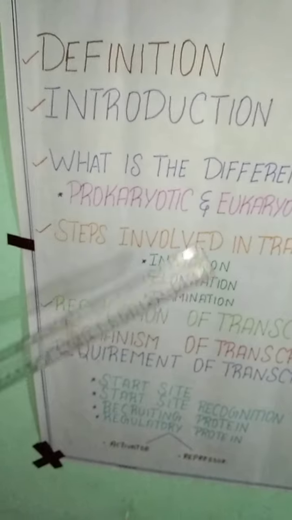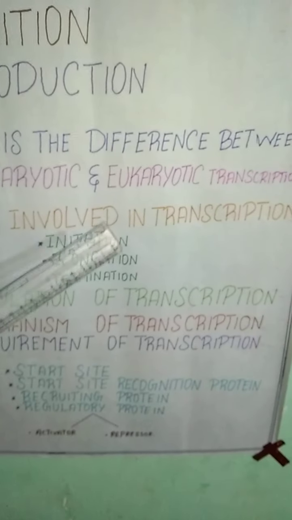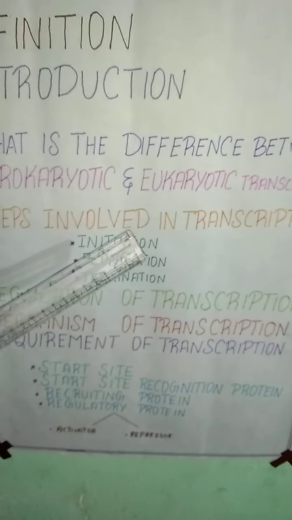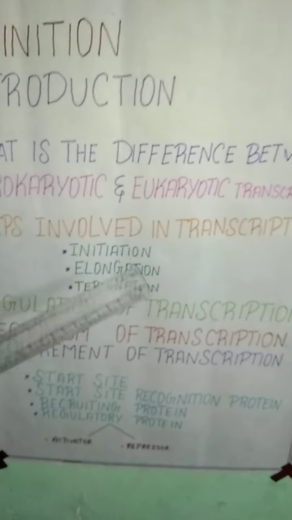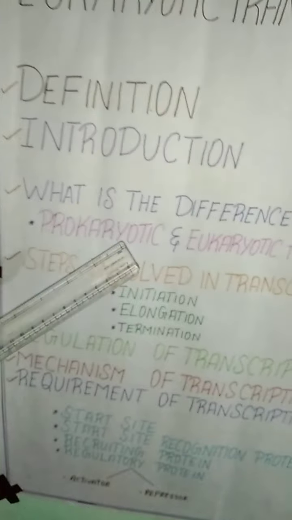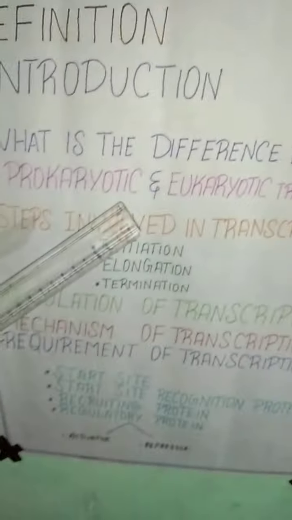In this process, the sigma factor binds to the promoter region and starts initiation. The sigma factor joins with some other factors such as the two alpha, beta and beta prime subunits. This unit is called the holoenzyme and core enzyme.